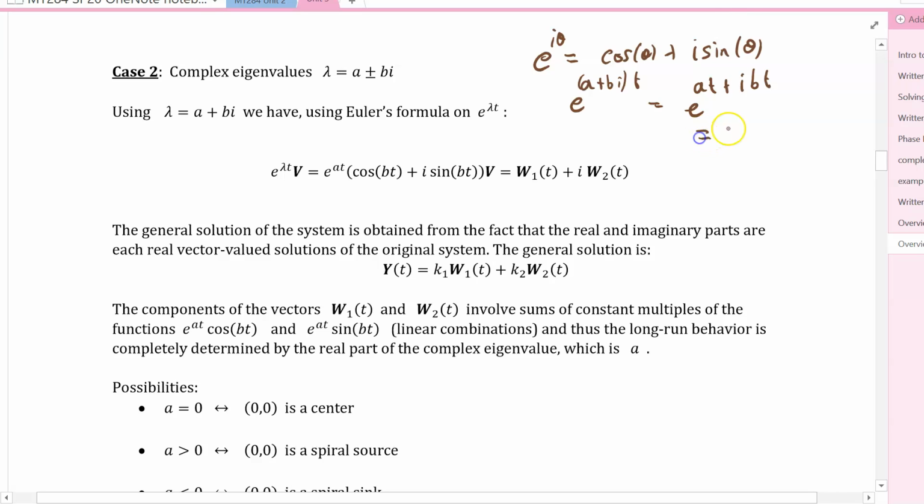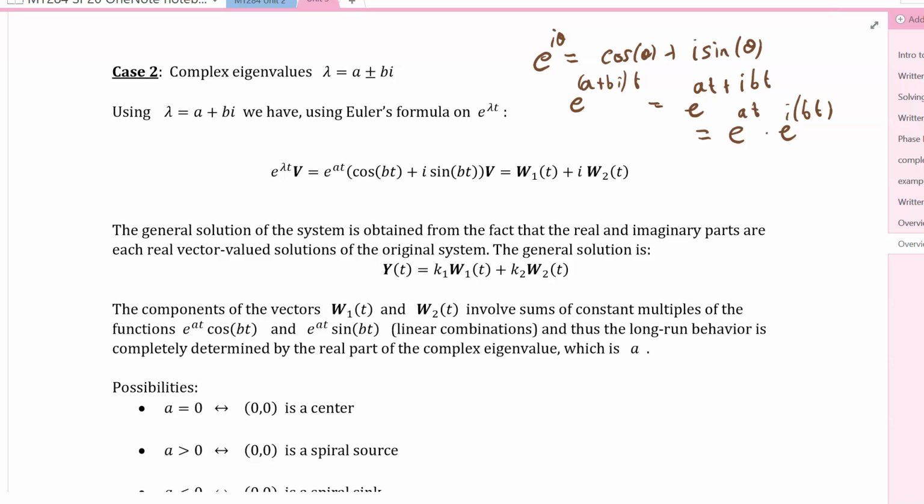And then again, what we've done before is split that up as a product, e to the at times e to the i times bt. I just wanted to remind you of that because that shows why the bt part is the only part showing up inside the sine and the cosine down below here.